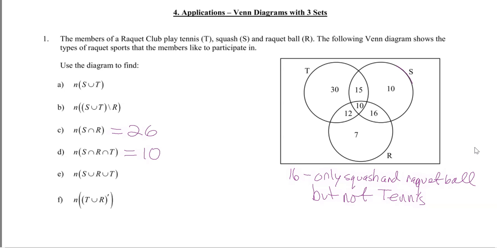What's the 12 then? Or let's see. Only racquetball and tennis, right? Only racquetball and tennis, but not squash. So the 12, only racquetball and tennis, but not squash.